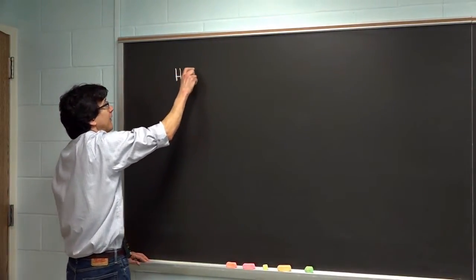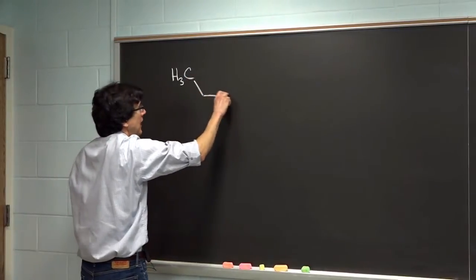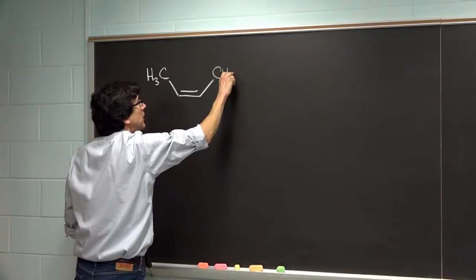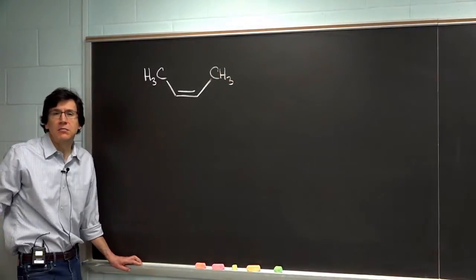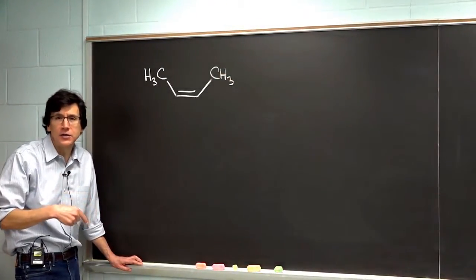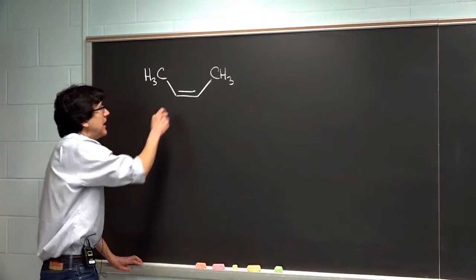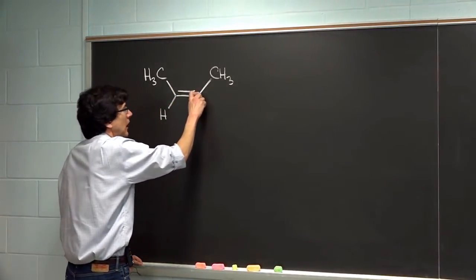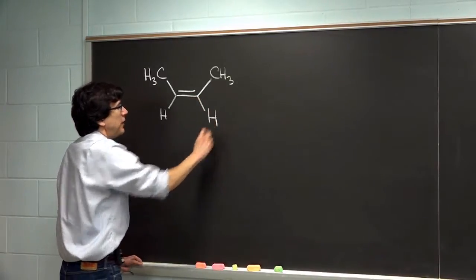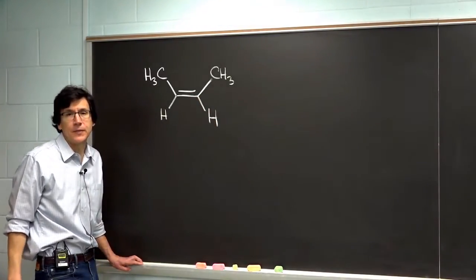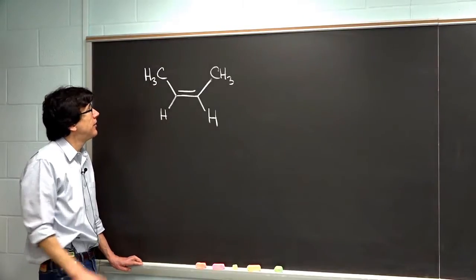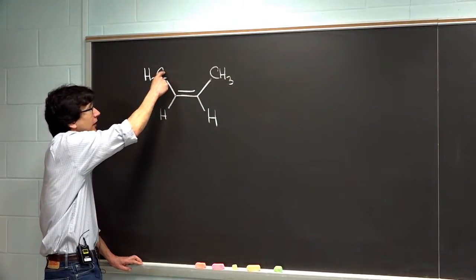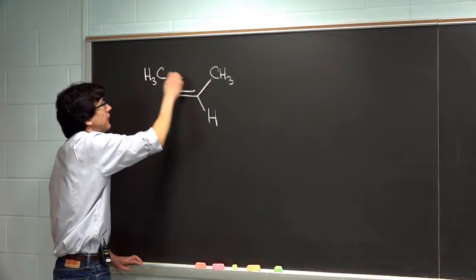So in the last couple examples, our starting compound has been a carbonyl, and we've added nucleophile hydride to that carbonyl. In this case, let's start not with a carbonyl compound, but with an alkene. This particular alkene is related to butane because it has 1, 2, 3, 4 carbons.